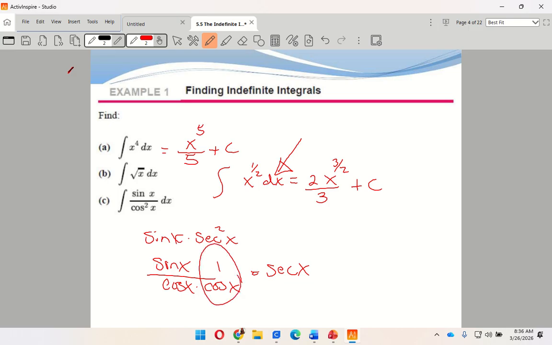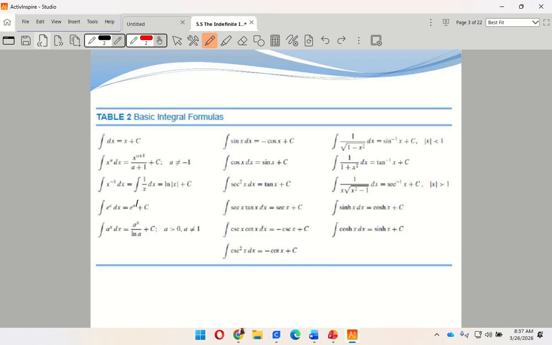That's secant x. What's this? It's tangent. Oh yeah. So what is secant tangent? Oh, that's the antiderivative is secant tangent.